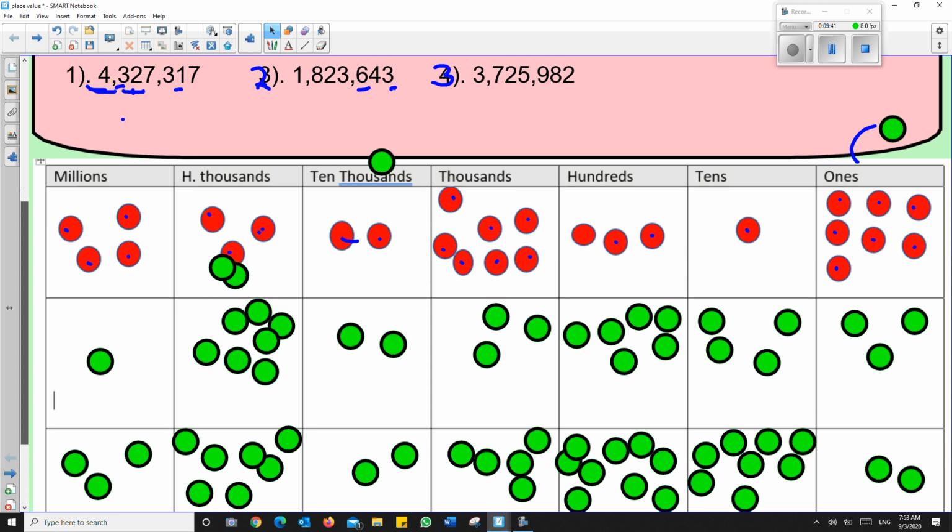We have represented 4,327,317, and number 2, 1,823,643, and lastly number 3, 3,725,982.